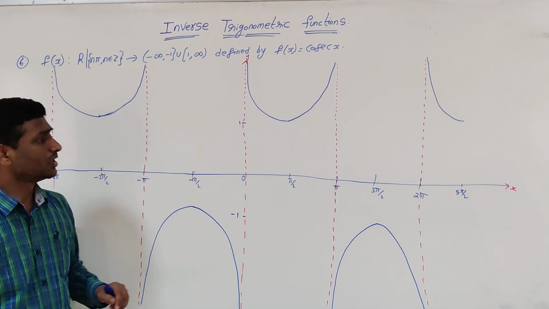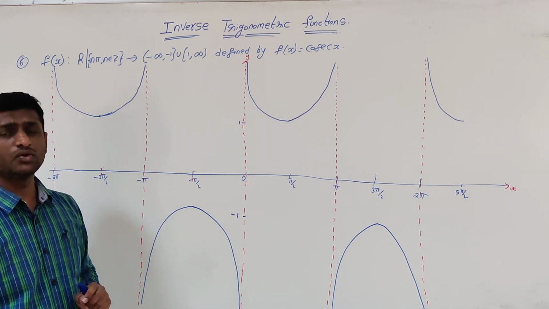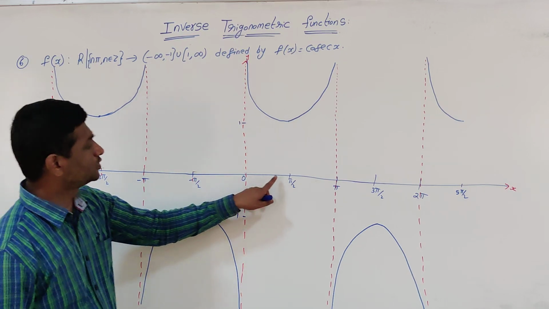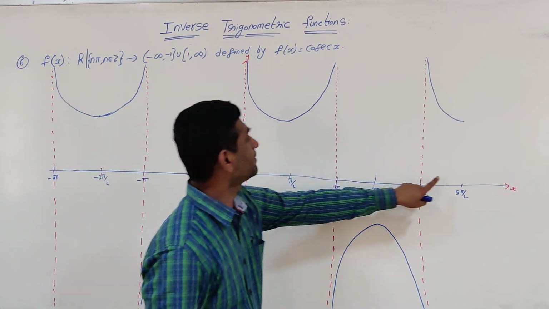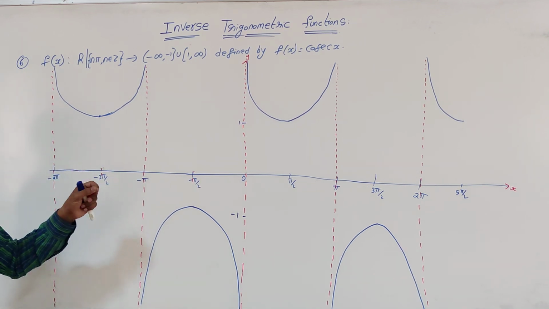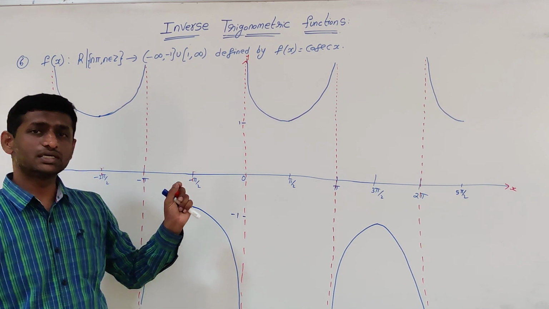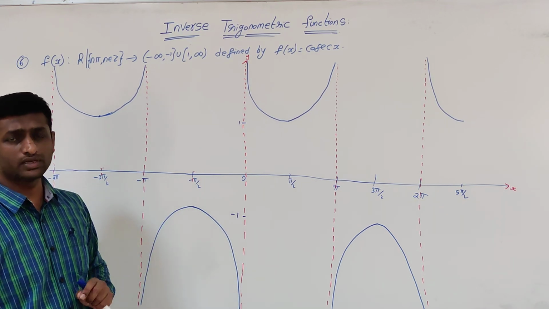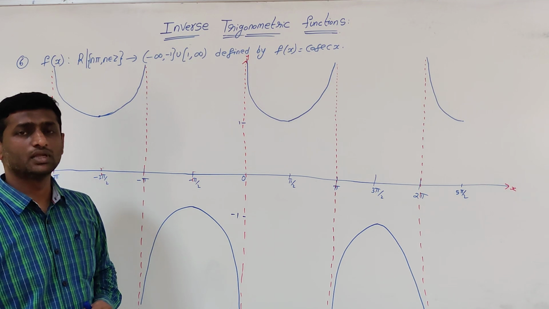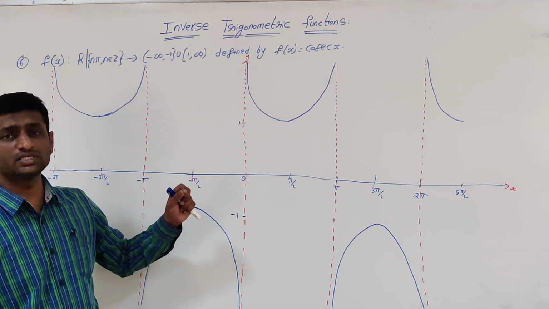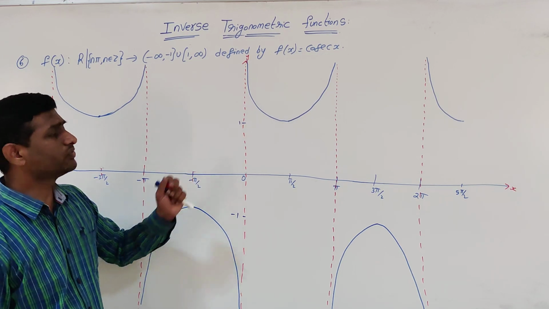Next, we'll check whether it is one-one or not. If we consider pi by 2, 5 pi by 2 and minus 3 pi by 2, these three angles are different, but they have the same image, plus 1. Means distinct elements of the domain have the same output, 1.